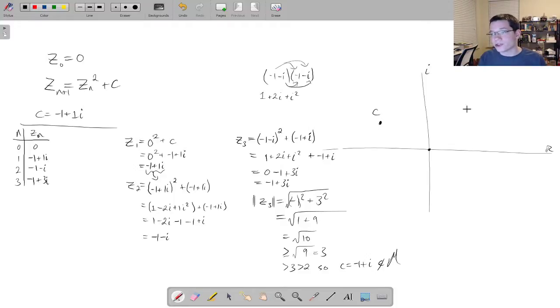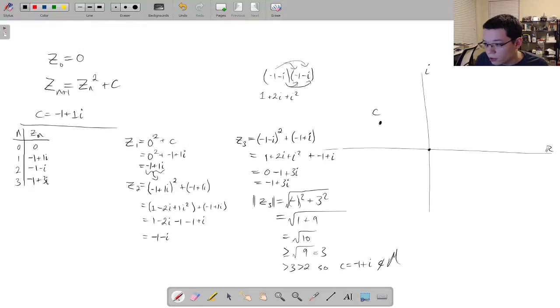And that divergence time we can set to a color. And while we could do that manually, I would much rather make a computer do it.